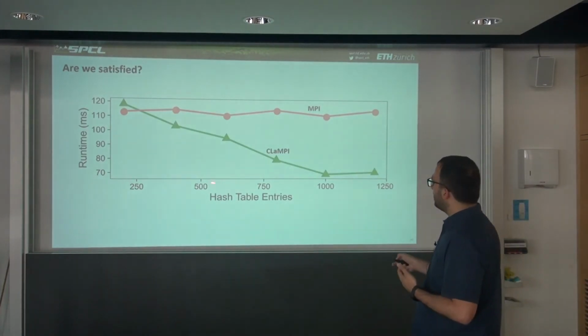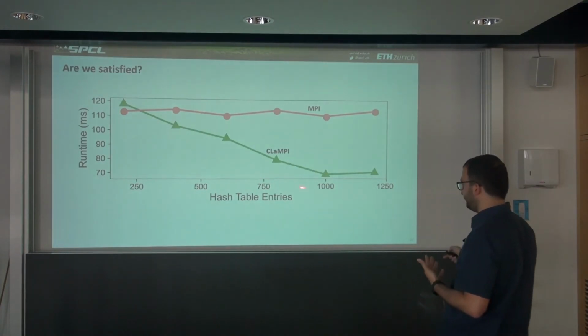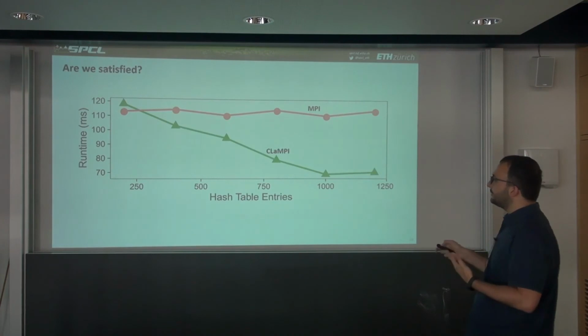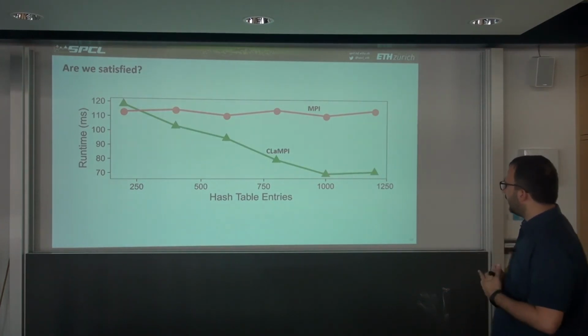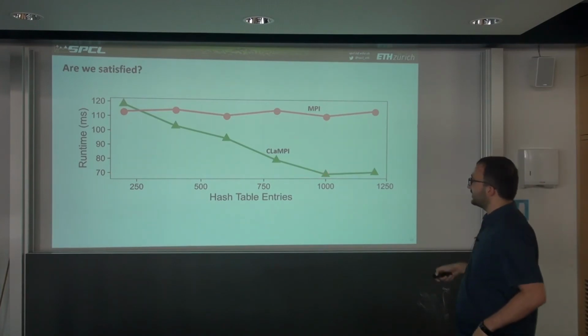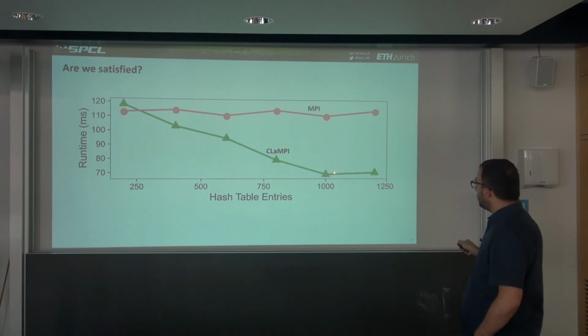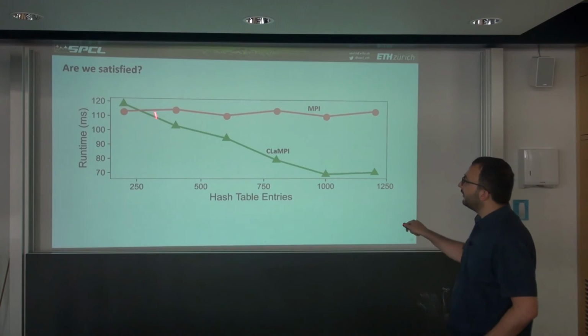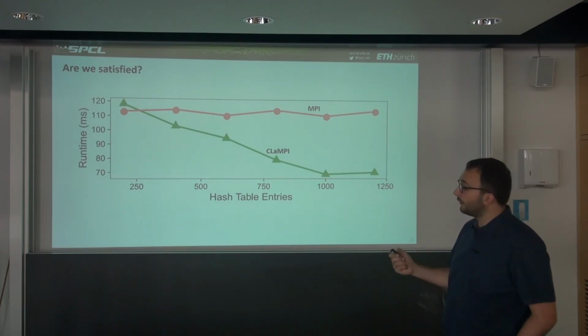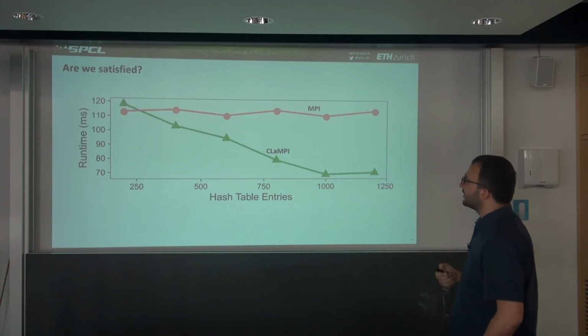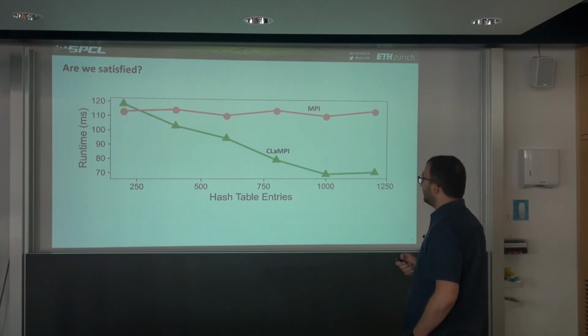By increasing the number of entries with respect to the workload, you get a variation in the performance of CLaMPI. In this case, this is the optimal for this experiment in terms of hash table size, and then it starts increasing again. This is not shown on this plot, but also if you have a too small hash table, then you will have a lot of conflicting accesses, and then the performance will not be good as well.